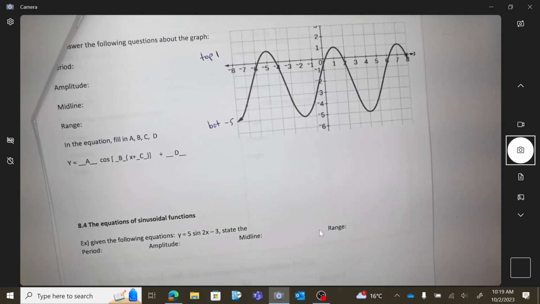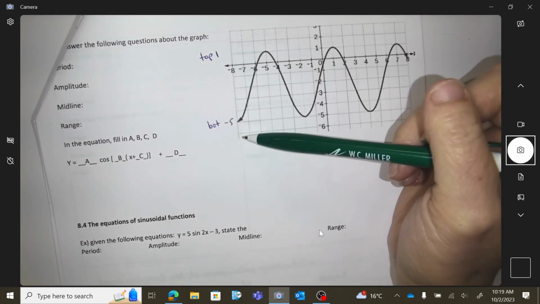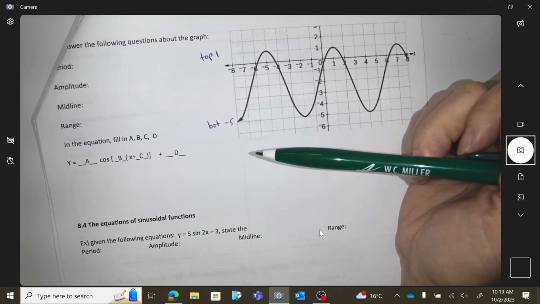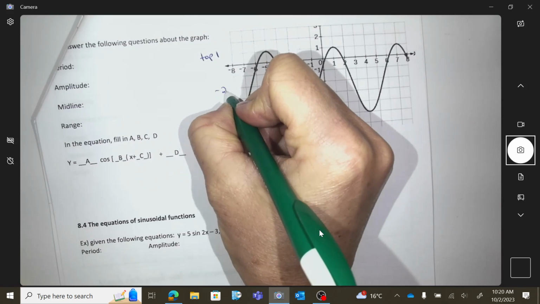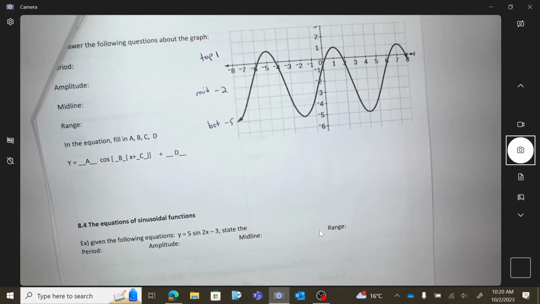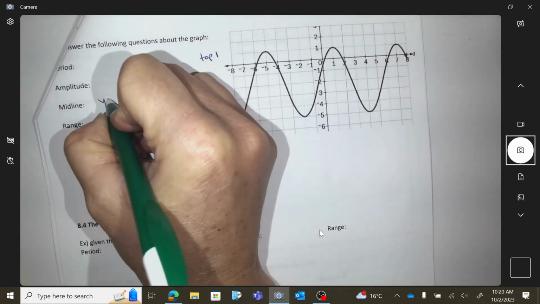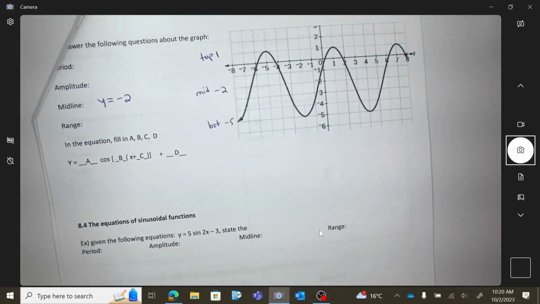What did you get for a middle? If you always want to know a quick way, you can just add and divide by 2, because that's what an average is. Did you get -2? Okay, so midline, y equals -2.